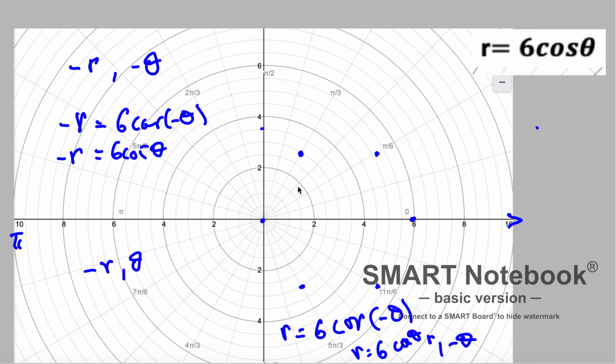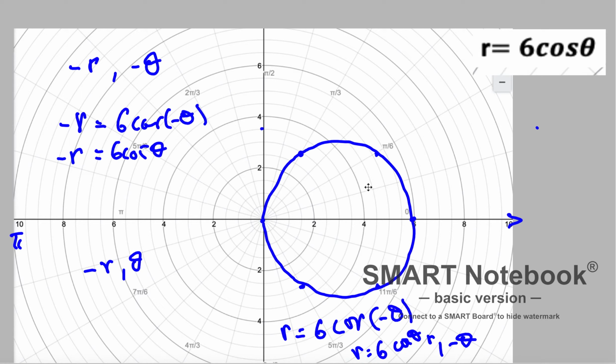I'm not a great artist, but I will try. It's going to be something like this, and this is the circle we get.